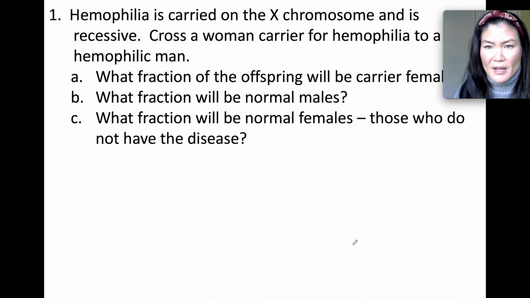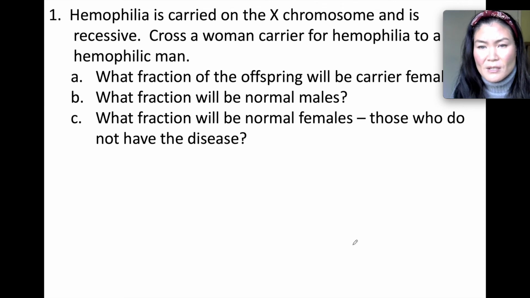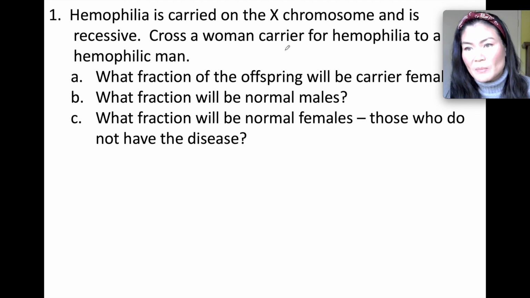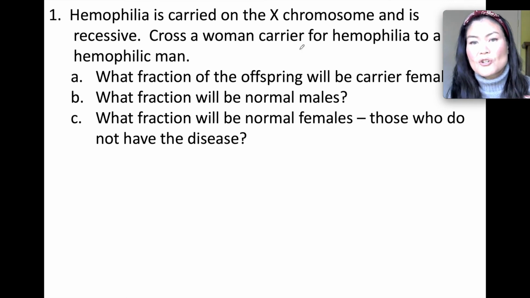Hemophilia is carried on the X chromosome and is recessive. Cross of a woman carrier for hemophilia to a hemophiliac man. Okay, so she's a carrier. Carrier means that she carries the recessive trait, but she does not show it phenotypically because it's a recessive trait, and she has a normal dominant trait to express, to show.